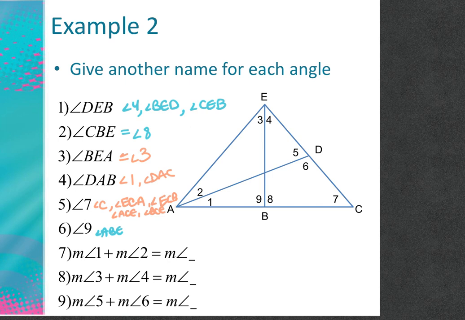The measure of angle 1 plus the measure of angle 2. So 1 plus 2 would give you this whole angle here, which would be the measure of angle EAB or EAC. Angle 3 plus angle 4 would give you the measure of angle AEC.